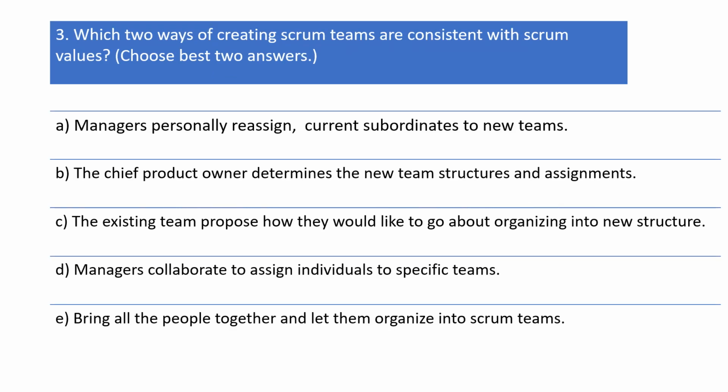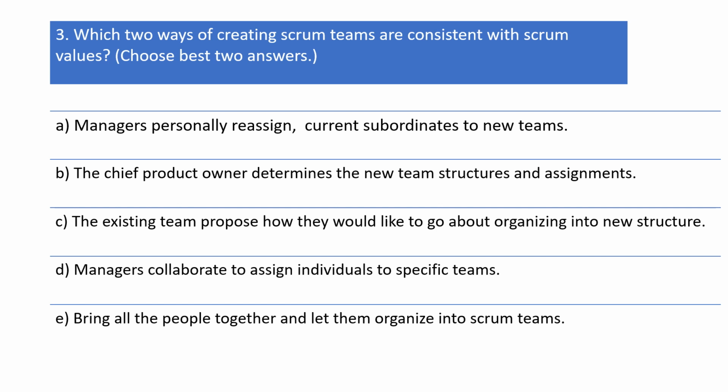Question number 3. Which 2 ways of creating Scrum teams are consistent with Scrum values? Choose best 2 answers. Option A. Managers personally reassign current subordinates to new teams. Option B. The chief product owner determines the new team structures and assignments.